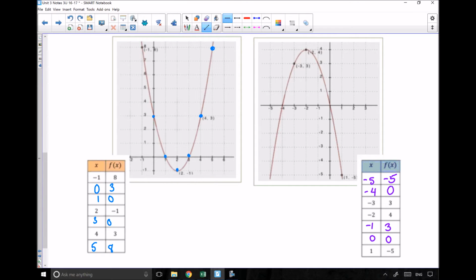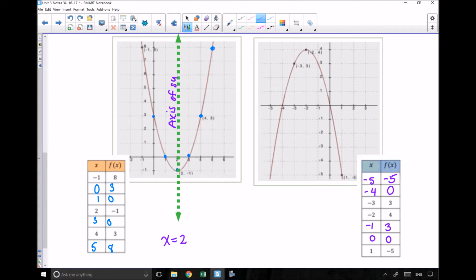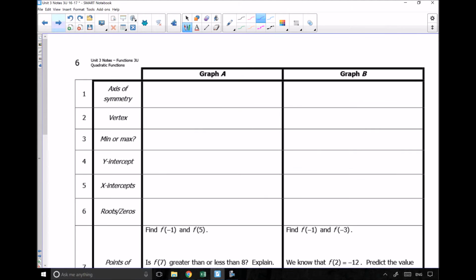So if I were to graph out my axis of symmetry, I would see that this line right here is the line that cuts my parabola in half. And I end up getting x equals 2 because it's a vertical line. So this is the equation for my axis of symmetry. And I want you to draw in all of this information into your graph because this is key for this unit.